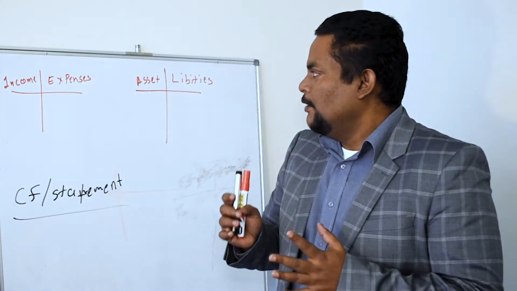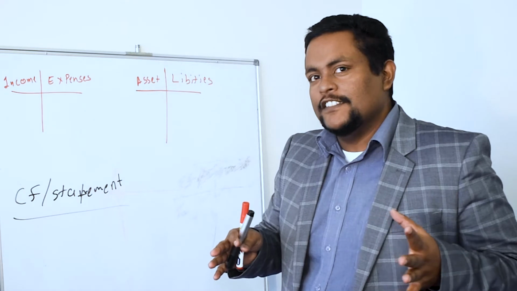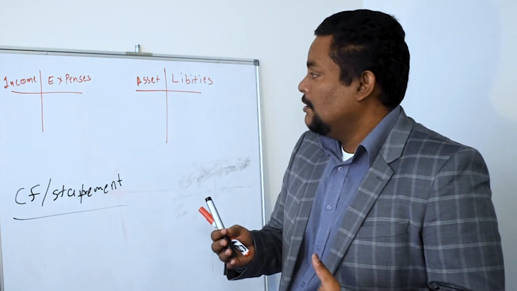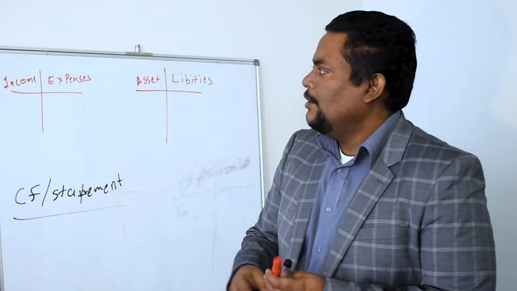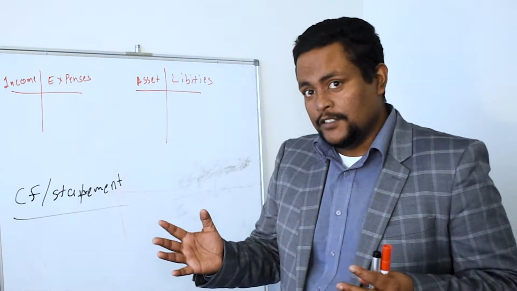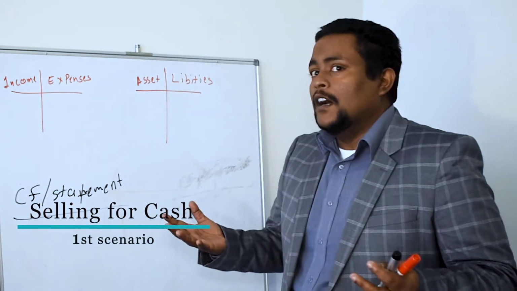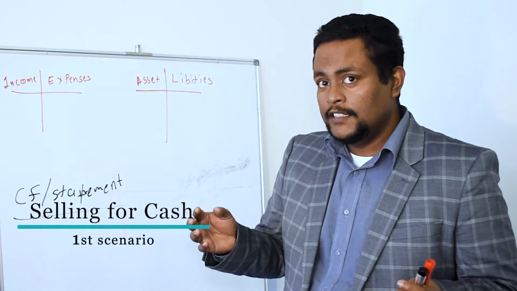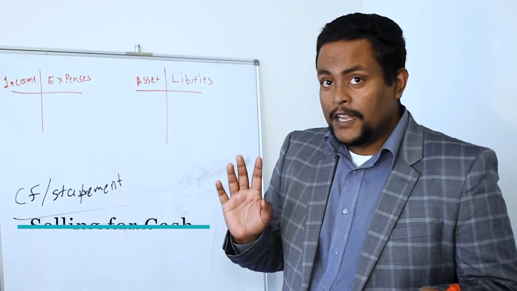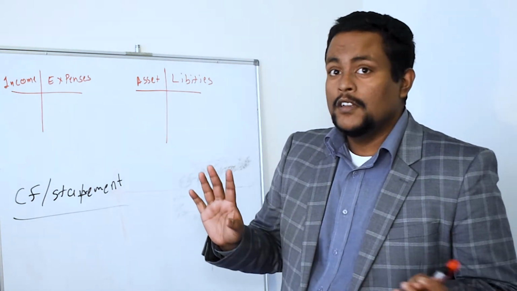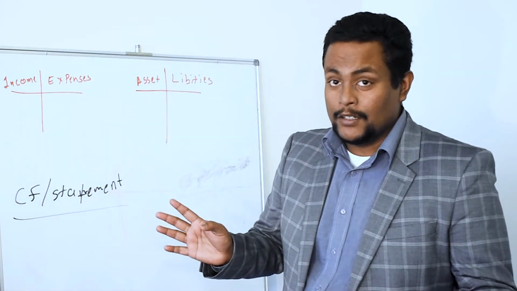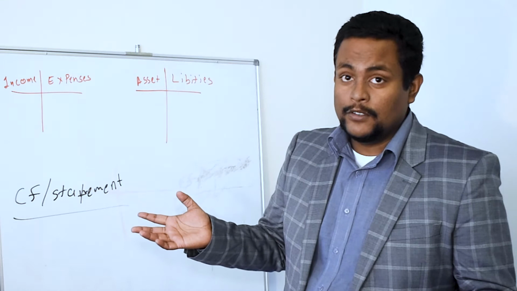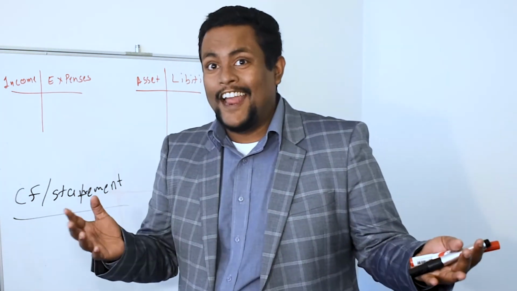Right, so we are going to talk about how to read a financial statement, or how to lodge entries on the financial statement, in two scenarios. First scenario: somebody is manufacturing 100 items at a cost of $5 per item, and then he's selling those items for cash at $10 each.